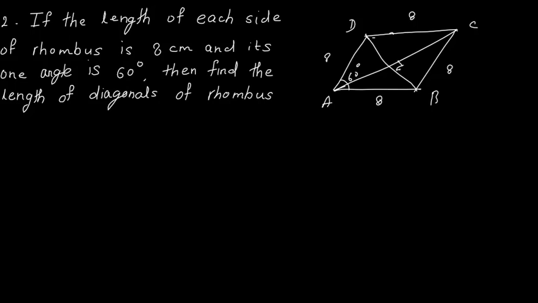Now diagonals, they bisect the angle. So this total angle is 60 degree, so this half angle will be 30 degree.